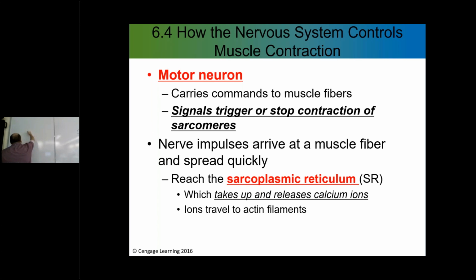All right, so I said to you that nerve and muscle meet, but they do not touch. And they do this at the NMJ, the neuromuscular junction, the nerve muscle junction. This will be the last slide for today.